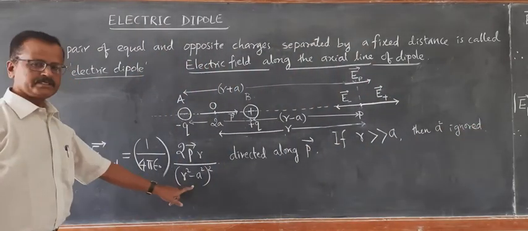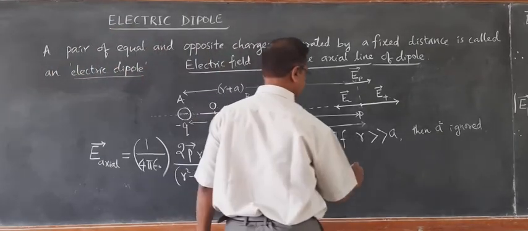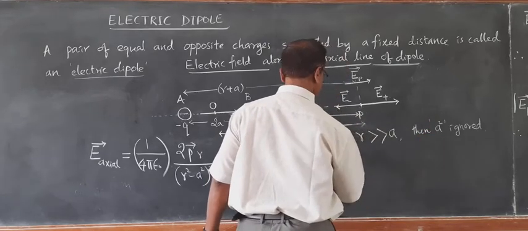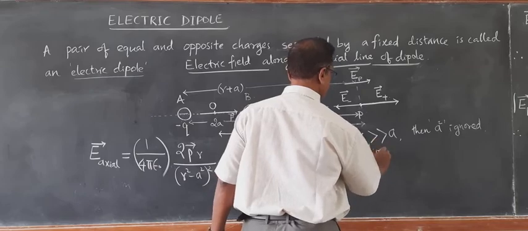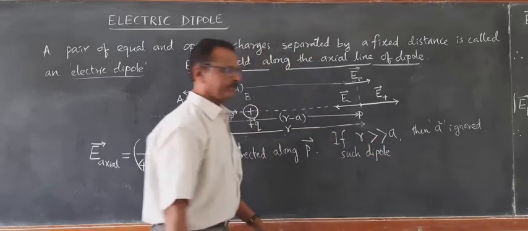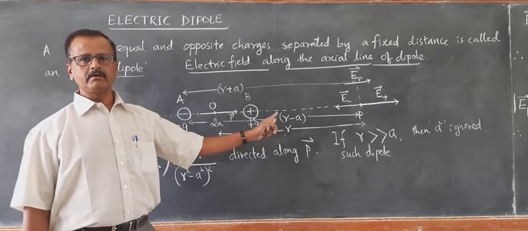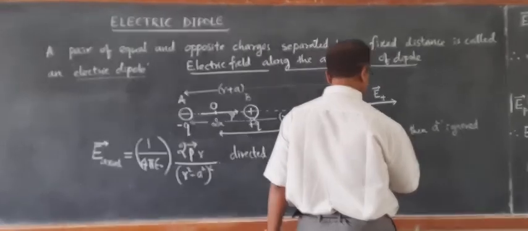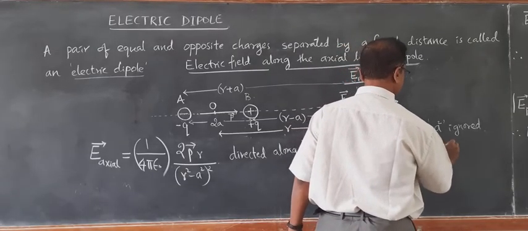If A square is ignored, what is the final equation? Just see. Such dipole for which the distance of the point P is very long compared to its length, such dipole is called short dipole.